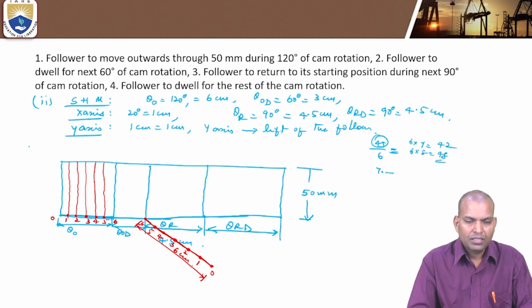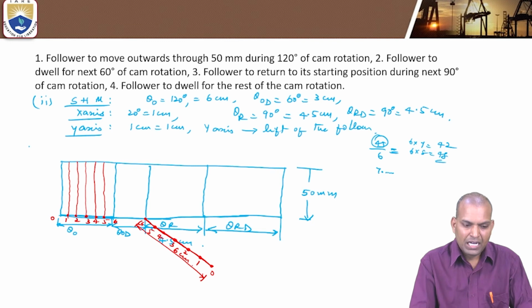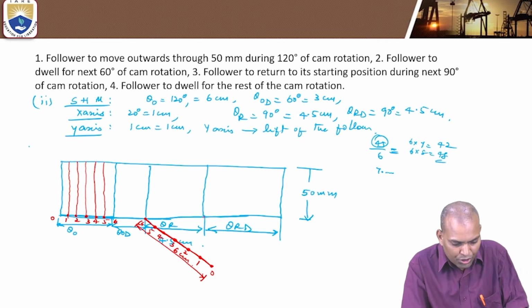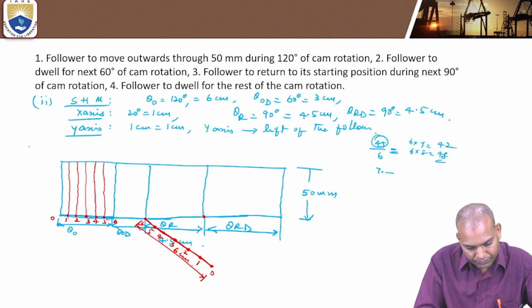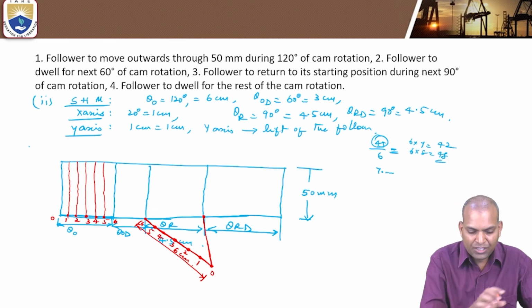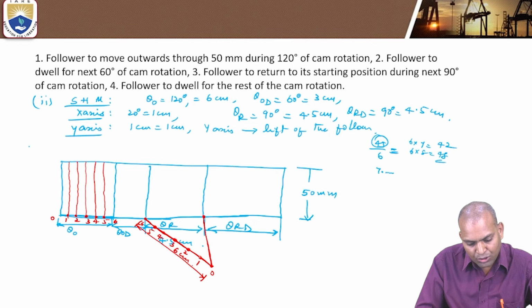Take your mini drafter and fix the scale by joining the line between this point and this point. Then with the same scale, move parallel lines and draw them passing through each division point. They may intersect anywhere.